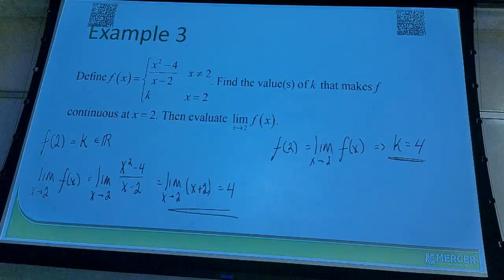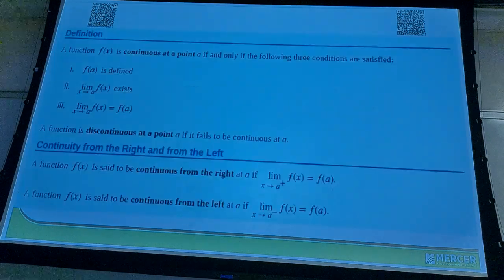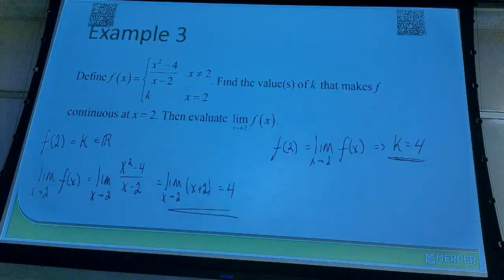So definitely in continuity, those three conditions have to be satisfied. So that's what I checked. F of 2 has to exist. What's f of 2?